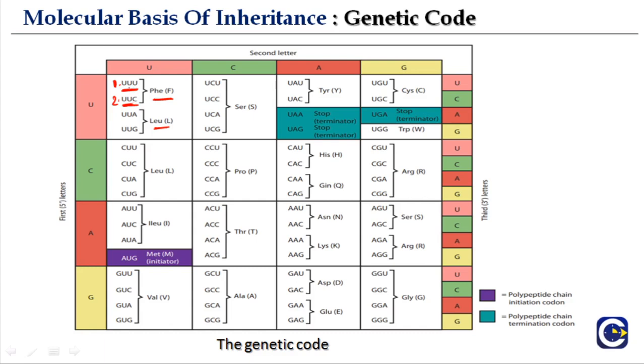But one codon, for example UUU, will always encode phenylalanine. It will not encode any other amino acid. This will never take place. So one codon will always code for one amino acid, but one amino acid can be coded by more than one codon.